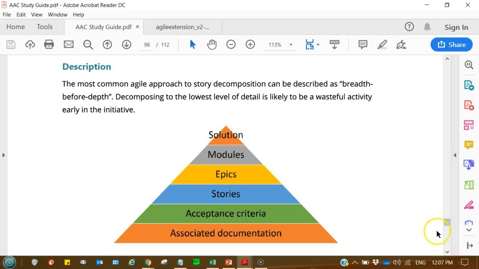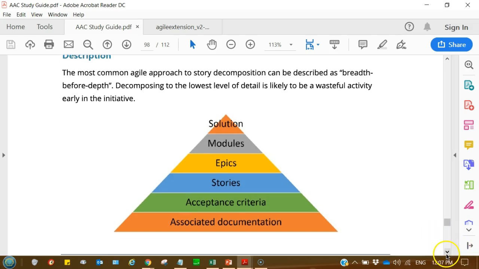There's a nice note right here that says decomposing to the lowest level of detail is wasteful if you're too early in the game. And this pyramid looks really nice in terms of how you should be looking at this. I don't need this lower level of associated documentation when I'm trying to define my solution.